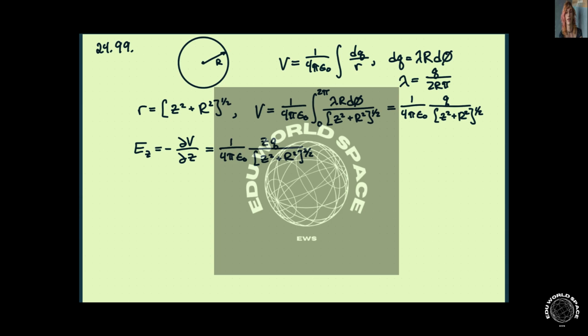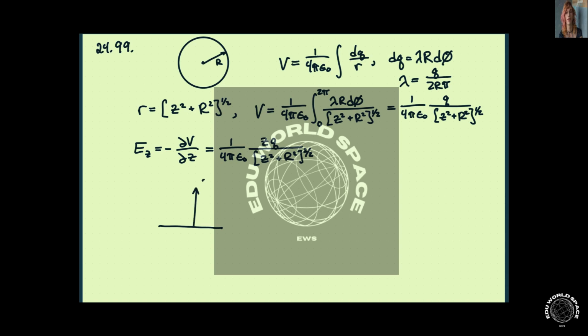In this problem, we have a ring that has a uniform charge distribution on it, lambda. And we're asked to figure out what the voltage is along an axis out of the page at the center of the ring. So I guess I could draw a little side view of it. Here's our ring, and here's the z-axis.